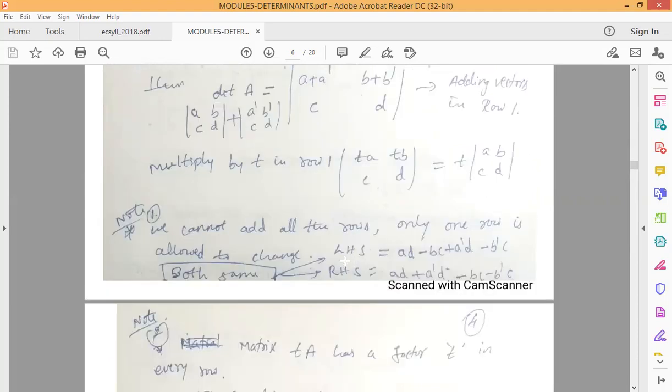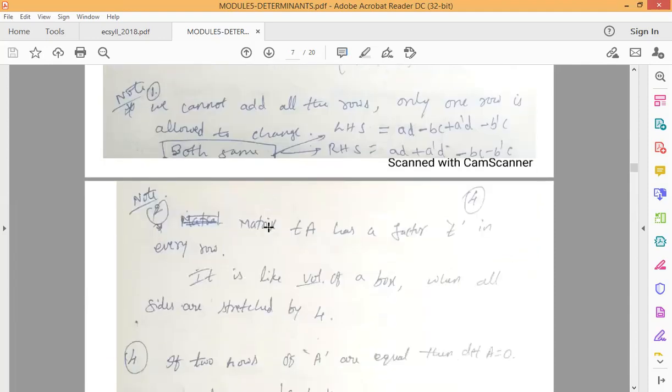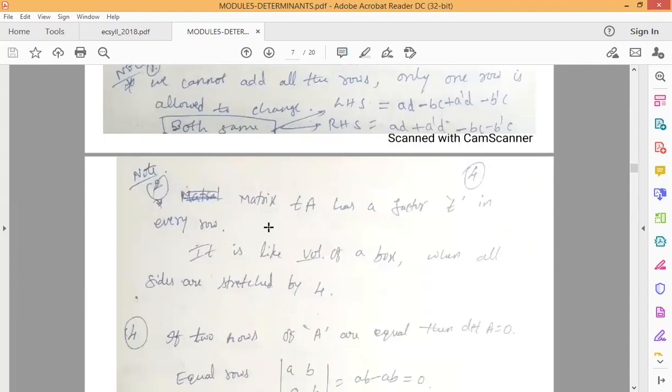Now we have to remember some points in this property. The first one is that we cannot add all the rows, only one row is allowed to change. As I showed in the notebook, LHS is equal to RHS, that is, the determinant A value is equal to the sum of the determinants of B and C. That property we need to remember.